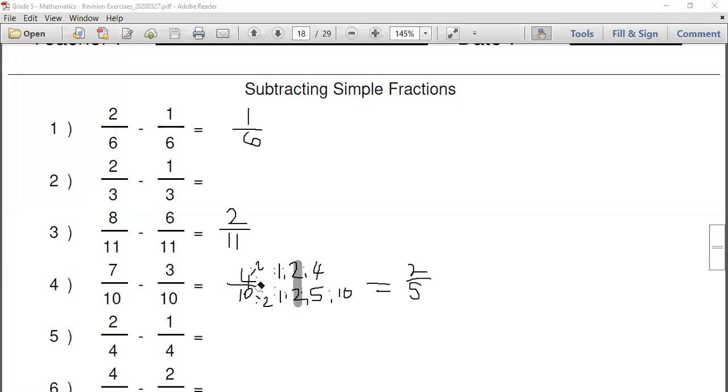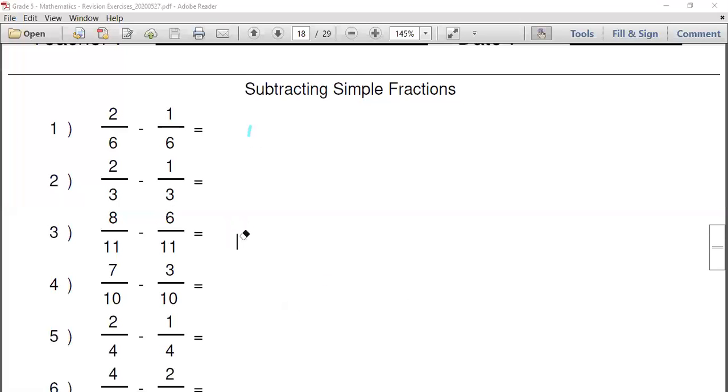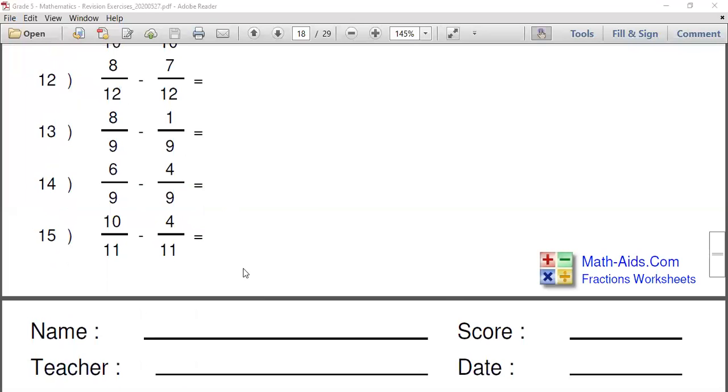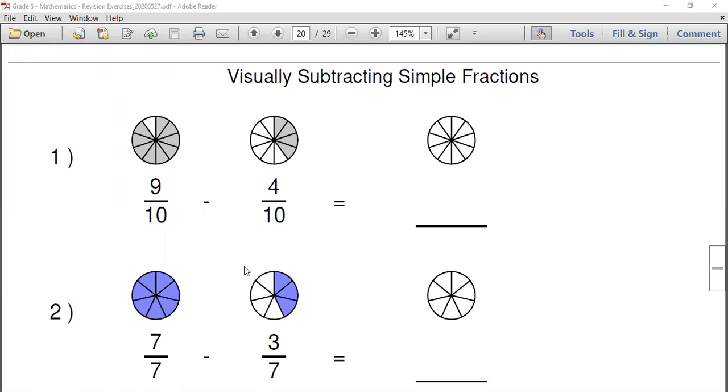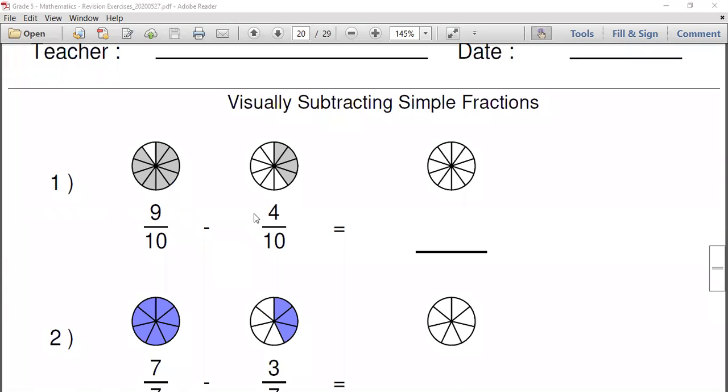Okay, so that is the subtracting of nice and easy simple fractions. And now I can go on to the next one, which is nice visualizing. Now you can actually see what you are taking away from what you started with. Here we start with 9/10, and we want to take away 4 of them.